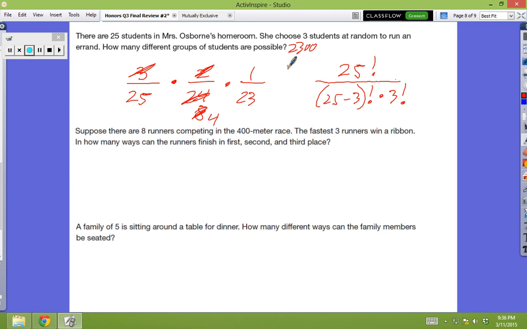What are the chances that she chooses Bill, Jim, and Tom? That's one of the 2300 groups. If you type this in on your calculator, 25 factorial divided by 25 minus 3 factorial times 3 factorial on the bottom, that gives you 2300.